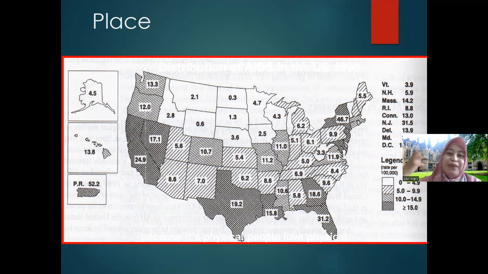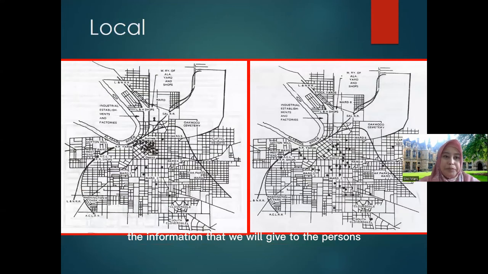People love visuals, and it's easier to get information from a picture of a map compared to maybe tables, for example. So the different variations of data presentation will also be useful for people to understand the information that we give to them.